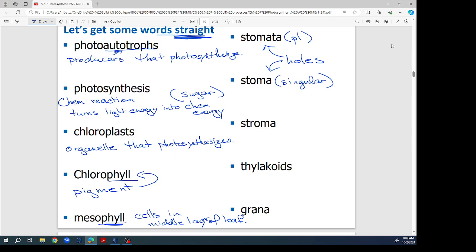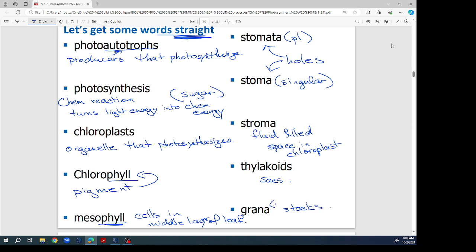So stroma is the fluid-filled space in a chloroplast. And it was outside of the thylakoids. So thylakoids were the sacs and grana were the stacks.